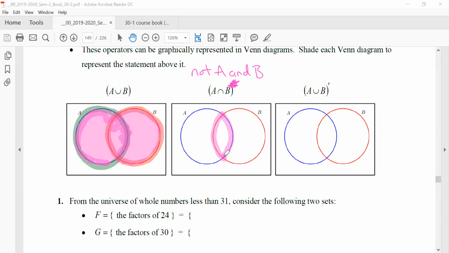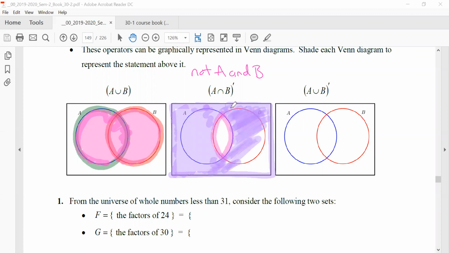Yeah? Now I'm going to then bring my prime back. And it says not A and B. So I want everything that's not in A and B. Well, not in A and B is everything on the outside. So everything on the outside, including things that are outside both of our circles.